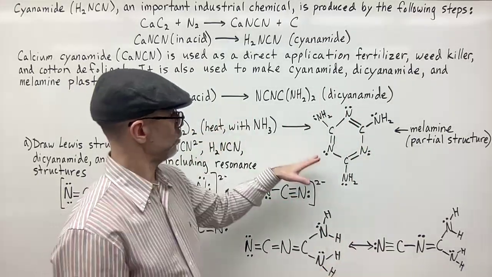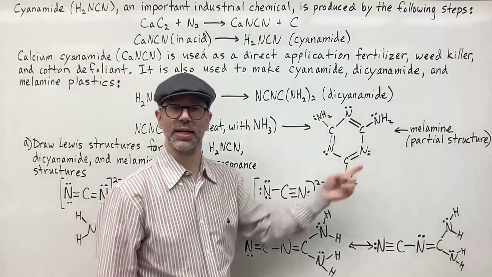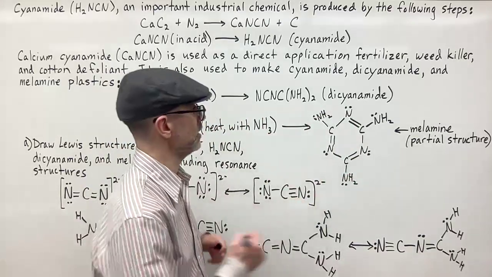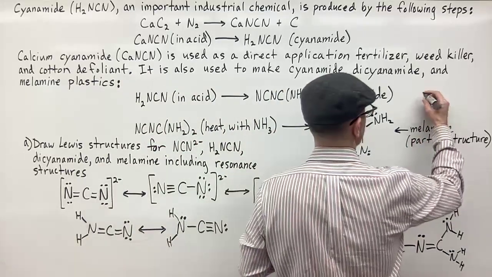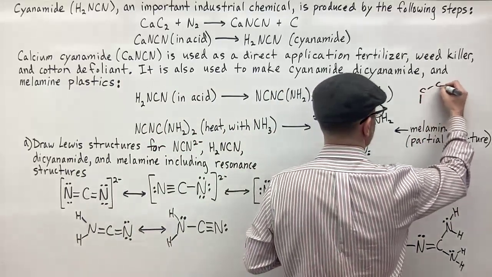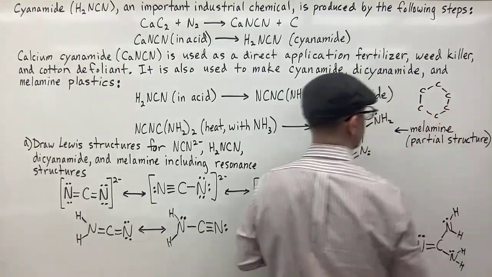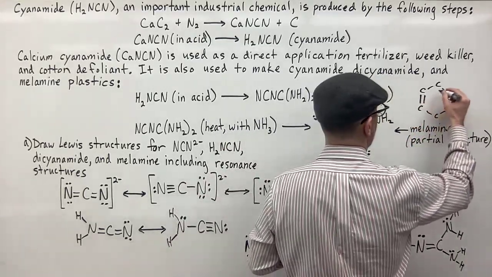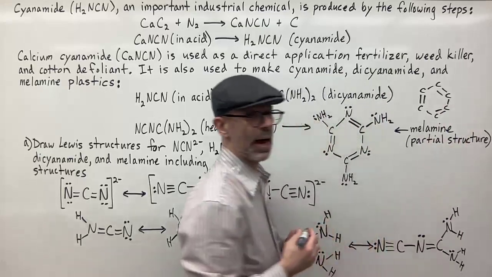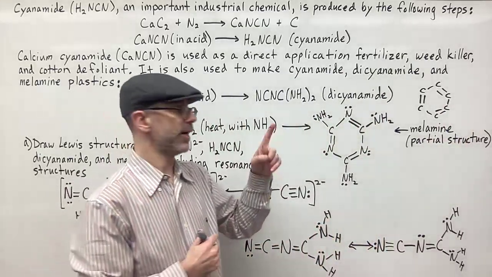Now, the thing you want to notice here is that this seems like a benzene ring. If you've seen a benzene ring, the only difference is you've got a 6 carbon ring, like so, with double bonds, and those double bonds can switch, right?